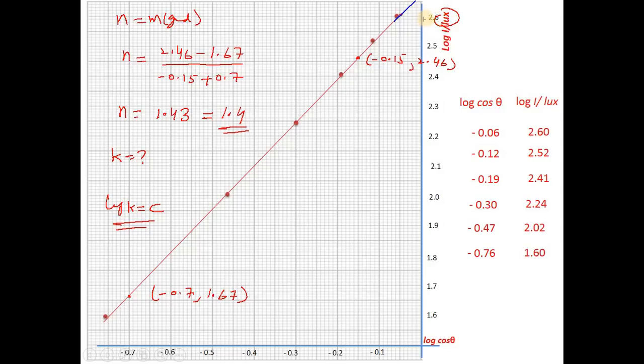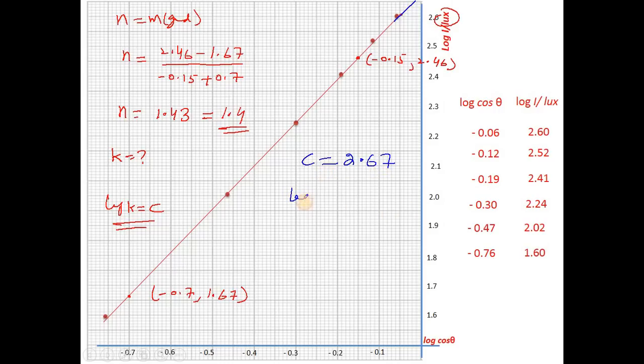For your understanding, I'm taking some estimated value. It should be around 2.66, 67 or 68. I'm not sure. Let's say I'm taking 7 or maybe 8 once you complete your graph. So this is your value of C.